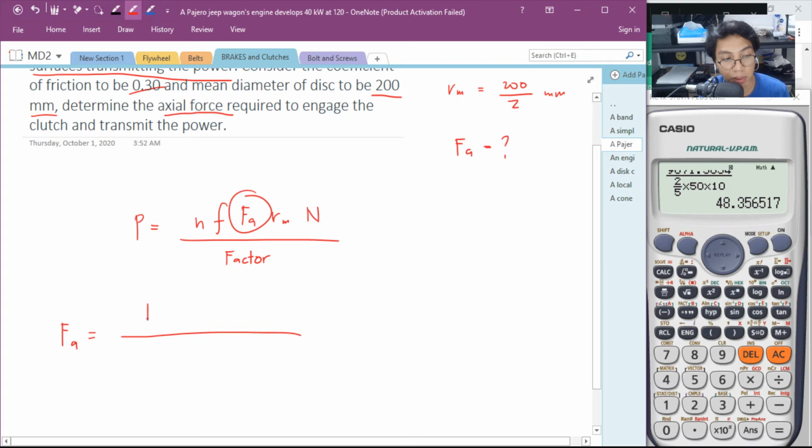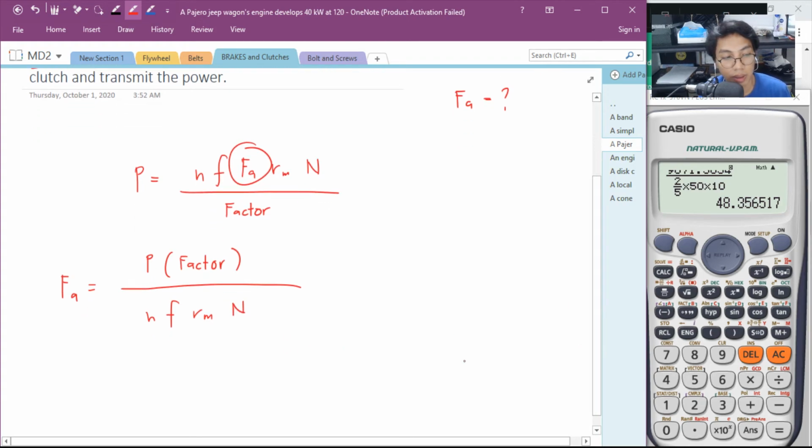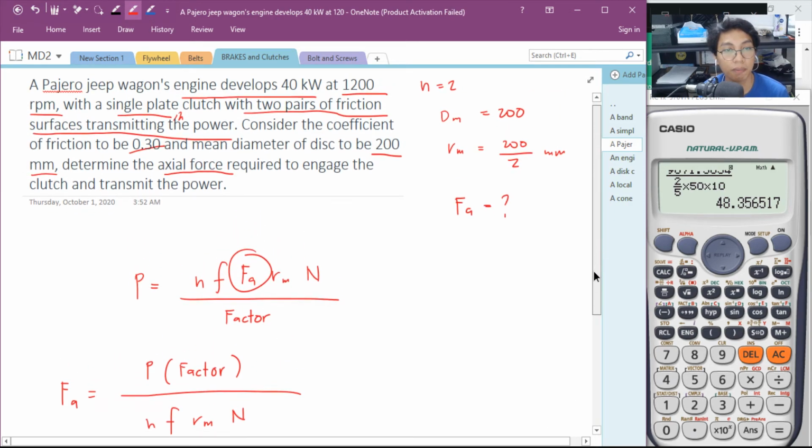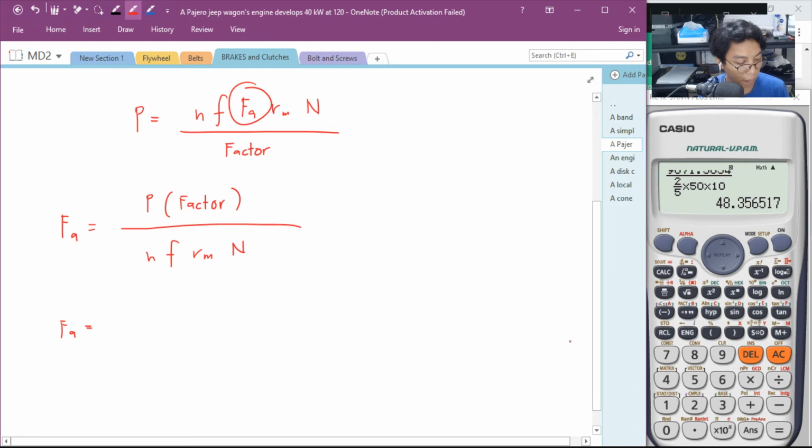So, that is equal to P times factor over N, F, nawala yung FA, RM times N. So, FA will be power. Ilang power niya? I think 40 kilowatts.